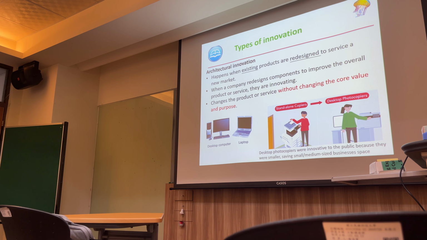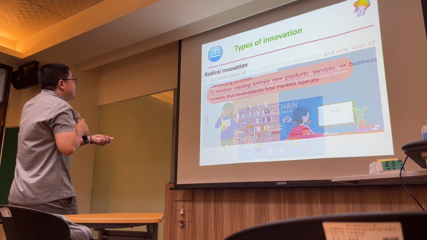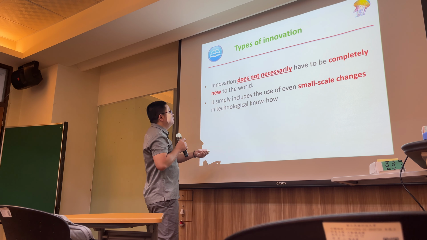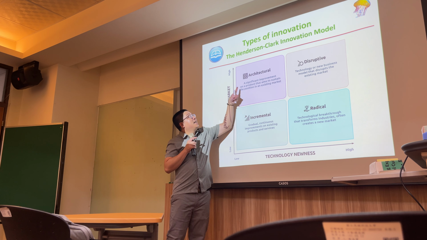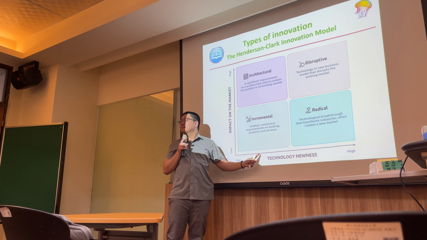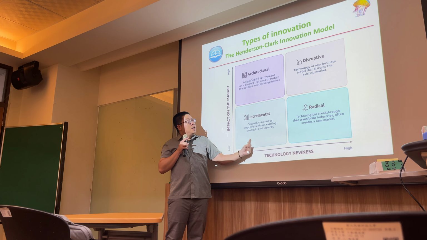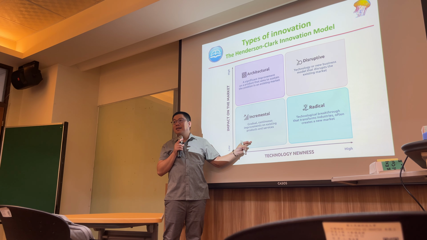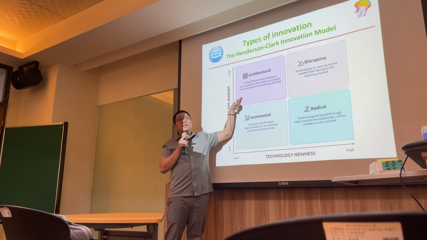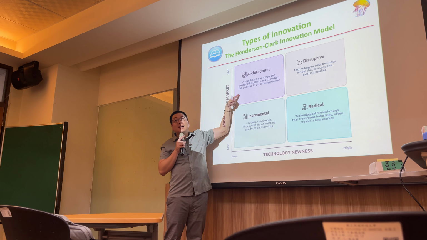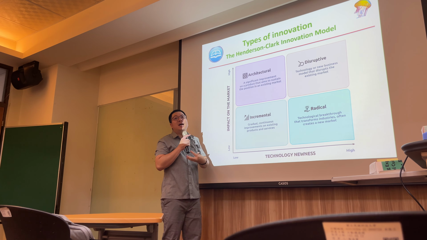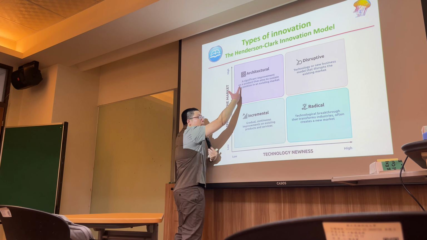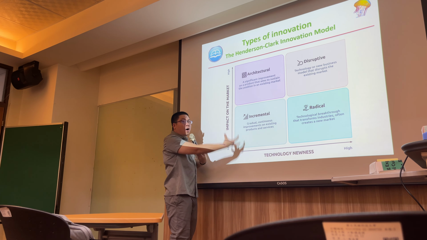Yeah, back to this model. Here and here, you change something to serve the current market. But here you change something to serve the new market, but it doesn't require much technology novelty.